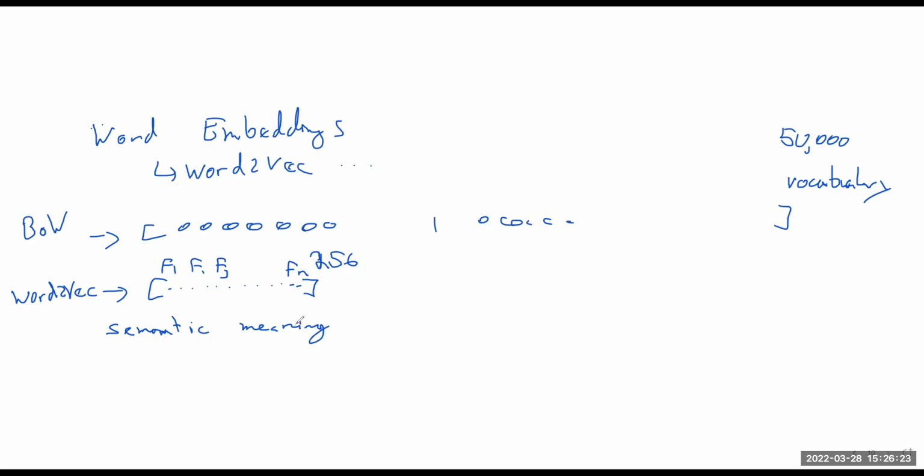What the meaning is, you don't know. You don't predefine it. You just say, I want 256. You let the algorithm figure it out. In word to vec, there is an algorithm and an objective function, which basically means what is it that you're trying to optimize. So there's an optimization involved.